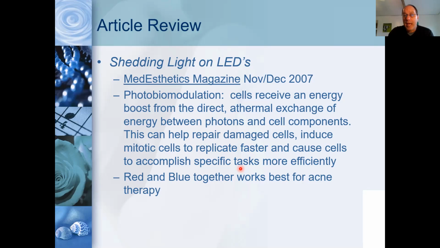So that is the summation of this fancy word that this author put together called photobiomodulation. We put light on living tissue, it caused it to change. What we find in the aesthetic industry is when we use the red and the blue together, it's really a good treatment for acne. And I'll tell you why as we get to that slide.